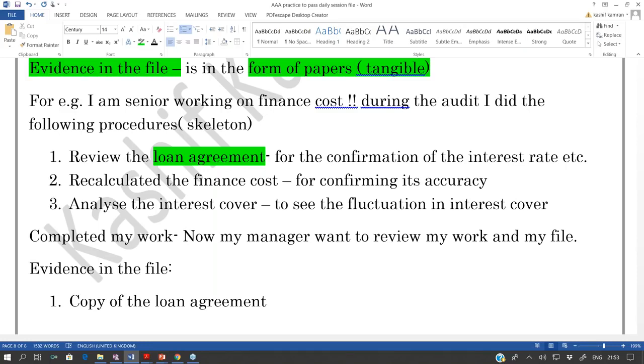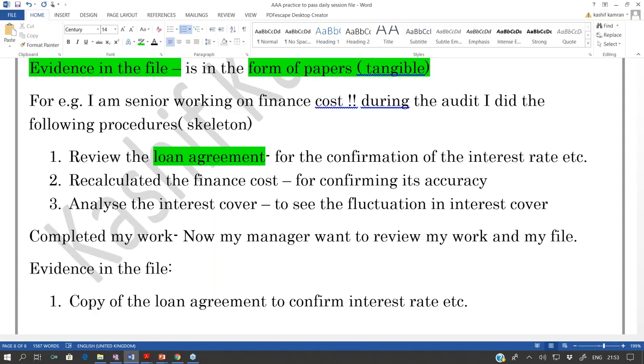So a copy of the loan agreement to confirm the finance cost, to confirm the interest rate, etc.